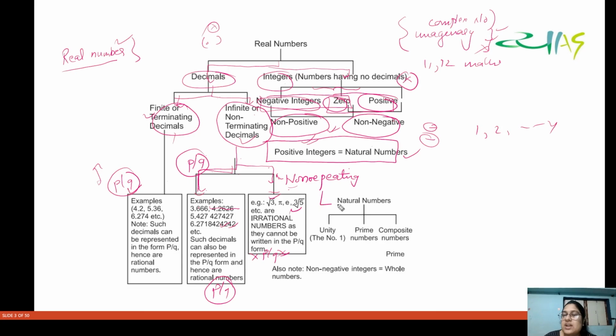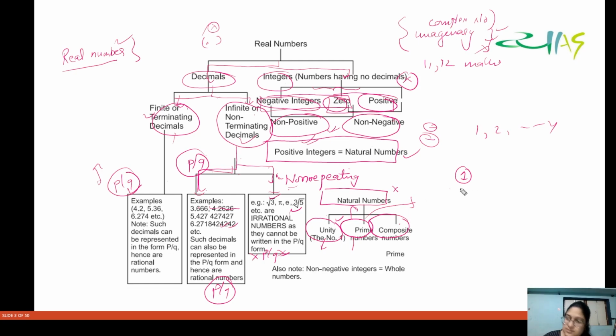Now see, natural numbers can be divided into three divisions. There is unity, and then there are prime numbers, and then there are composite numbers. See, unity is 1. A prime number is a number which is not divisible by any number other than itself and 1.